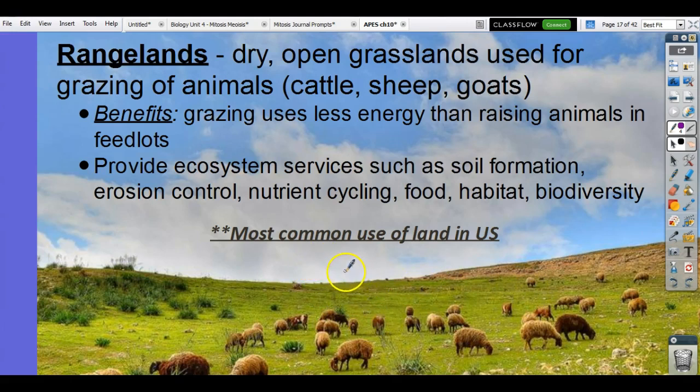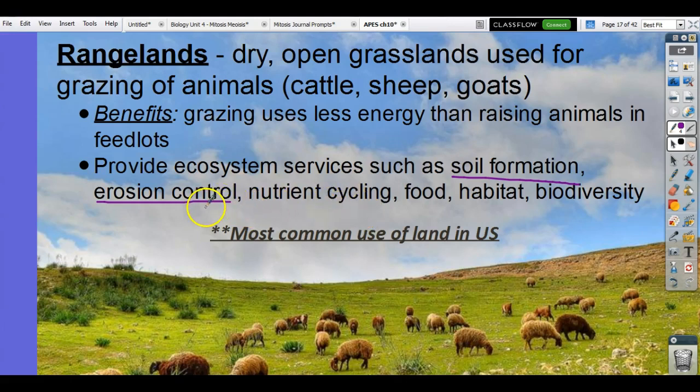Okay. Now, they also provide ecosystem services. Sorry, you guys are going to have to write small. Sorry about that. I didn't leave a lot of space. They provide ecosystem services such as soil formation. Okay, so they help form soil. Why? Because they're recycling this organic matter by basically pooping. Erosion control.